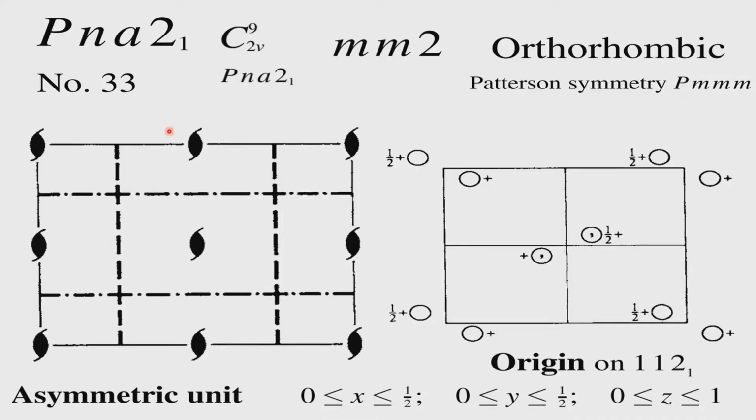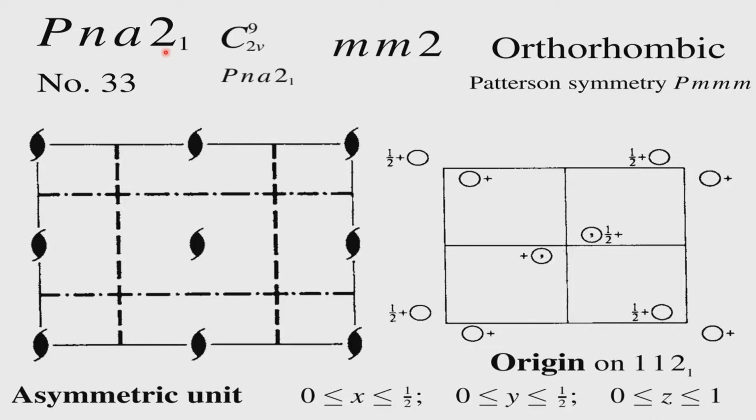But if you have a system where the non-centric behavior comes up, PNA, the previous space group which we discussed, for example, PNA21. So, suppose you have an N glide perpendicular to A axis, A glide perpendicular to B axis, 21 is along the Z axis. You may have an equivalent space group P21NB.